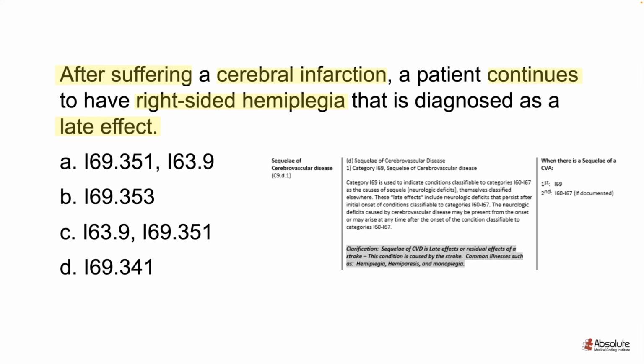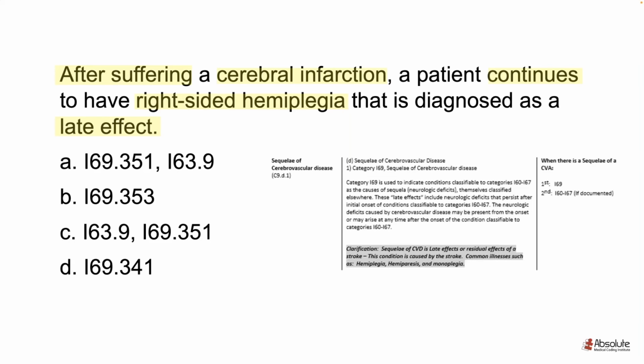So we're going to make an assumption. The assumption is that the attention is directed at the hemiplegia because that's what they're really talking about. They're saying they continue to have this. Now, often when people have an infarction, they usually get that in control, and then they will start noticing the late effects.